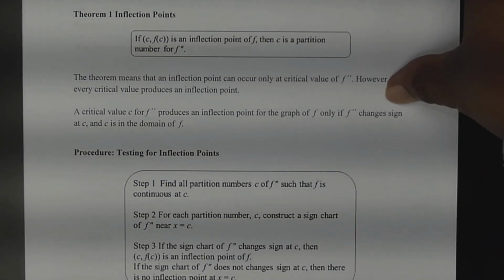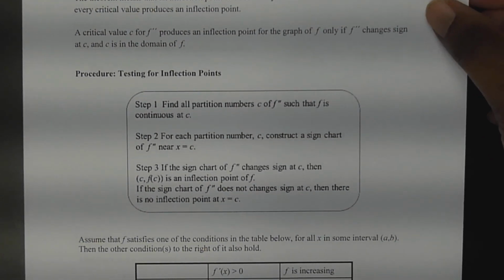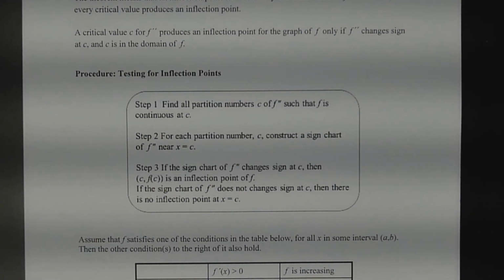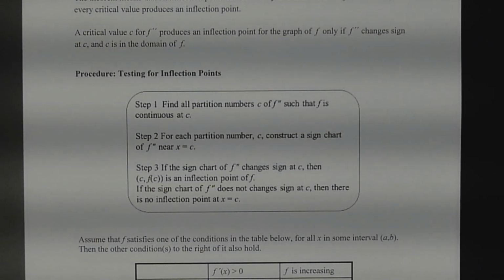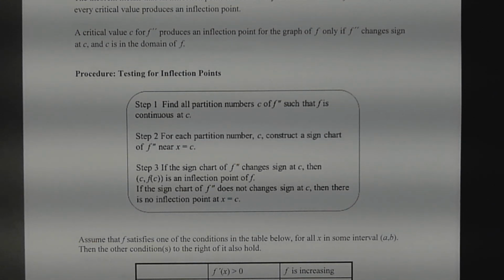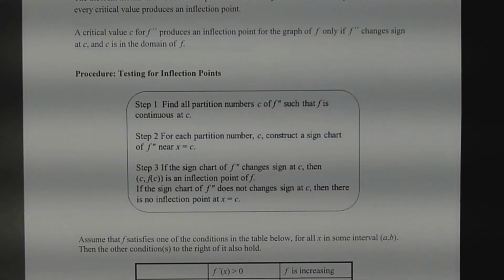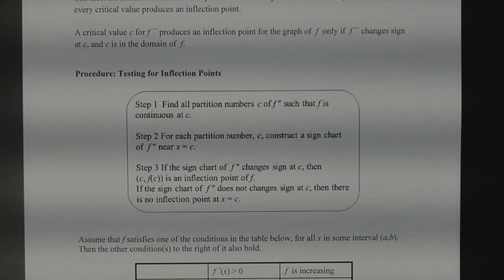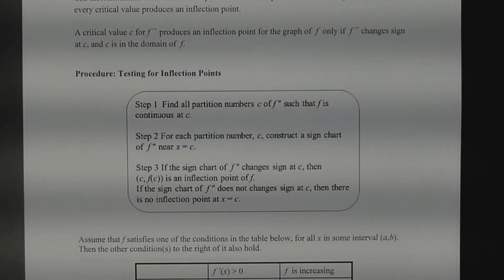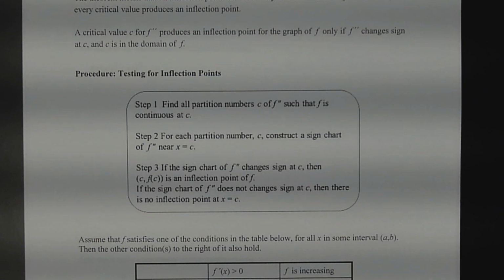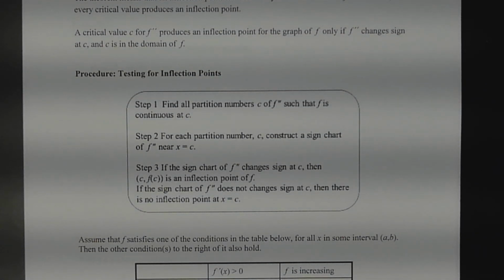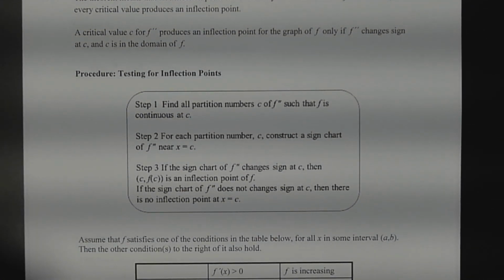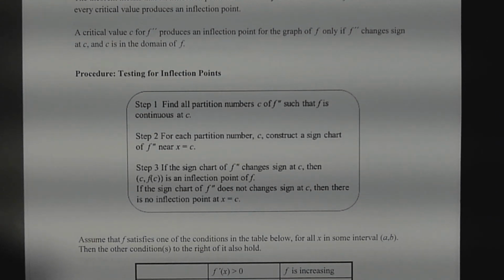And the procedure for testing inflection points will be this. You're going to find all the partition numbers C of f double prime such that f is continuous at C. Then step number 2 is, for each partition number C, you're going to construct a sign chart of f double prime near x equals C. And then step number 3, if the sign chart of f double prime changes sign at C, then we can say that C, f of C, that's the ordered pair, is an inflection point of f.